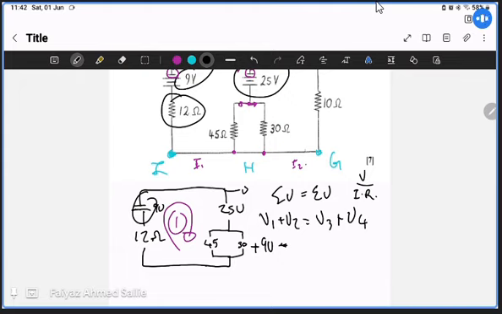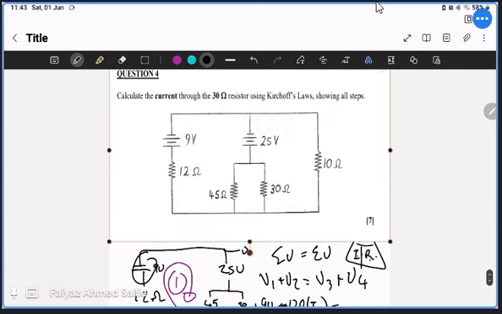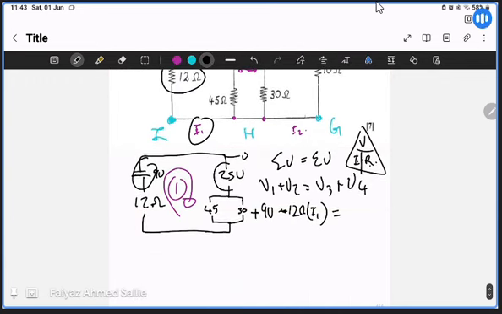To get voltage, we know that current times resistor is equal to voltage. So we have 12 ohms multiplied by the current, which is I1, equal to, so the voltage on this side, sorry, the voltage on this side is 25.